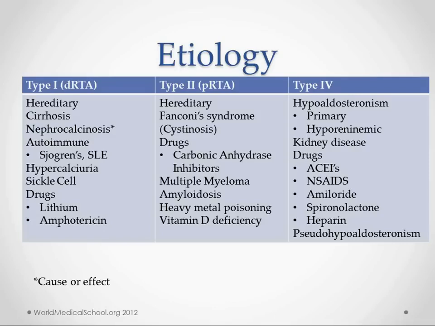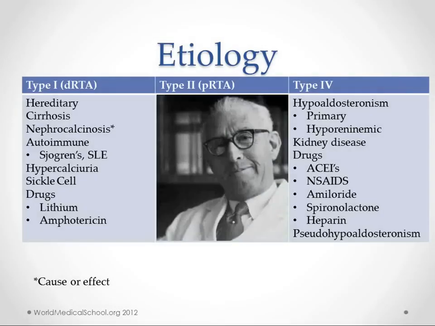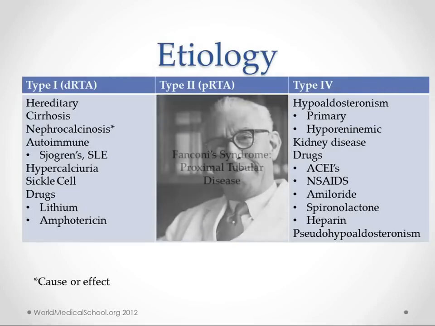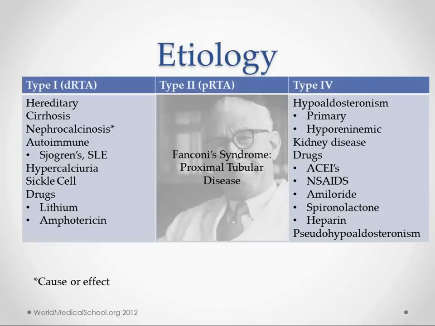Type 2 can also be hereditary, and the one thing that you want to associate with this is Fanconi syndrome. Well, what's Fanconi syndrome? It's not Fanconi's anemia. Let's keep these two terms straight. Fanconi, Guido Fanconi, is who it's named after, and Fanconi syndrome is a disease of the proximal tubules.